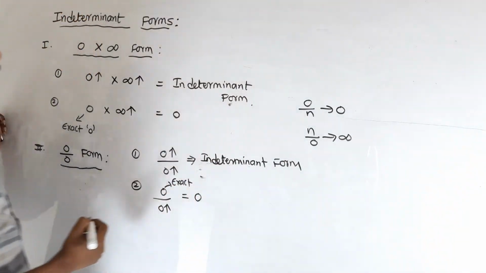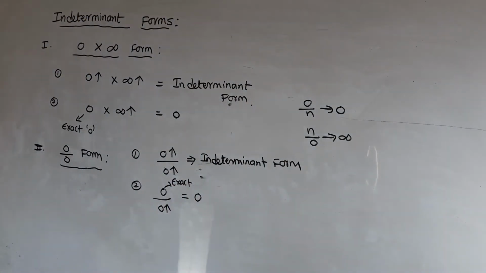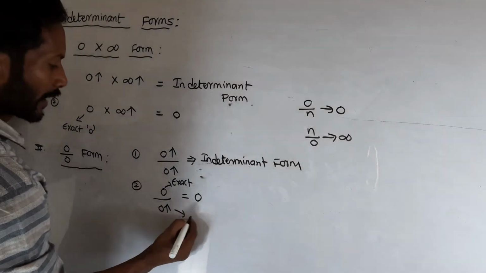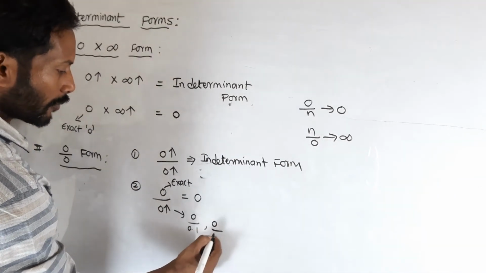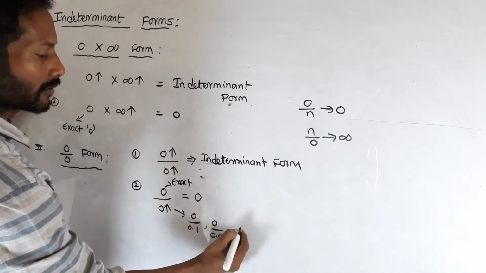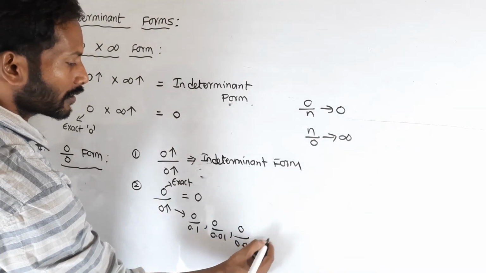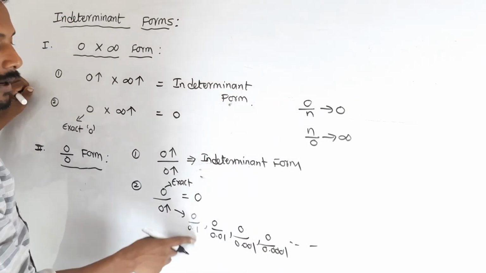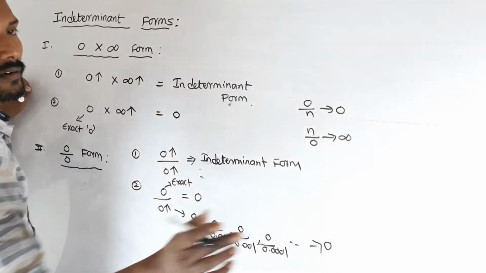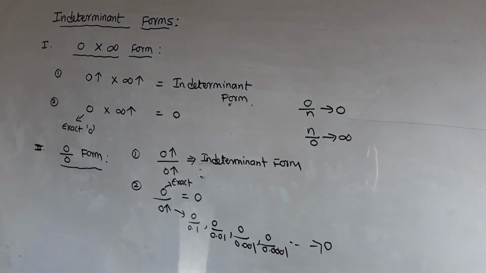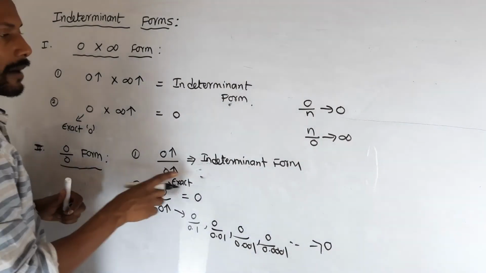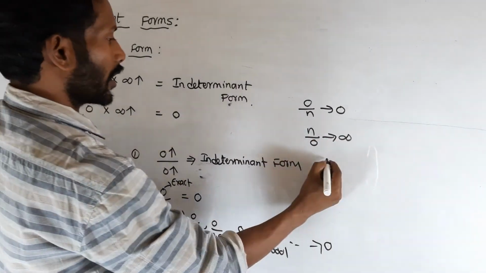It is a determinate form. 0 by approaches 0, for example, approaches 0, we take 0.1, 0 by 0.1, 0.001, approaches 0, 0.0001 and so on. Now 0 by anything is 0. All the results are zeros. Okay, I hope this is clear. Denominator 0 is undefined. Now third one.